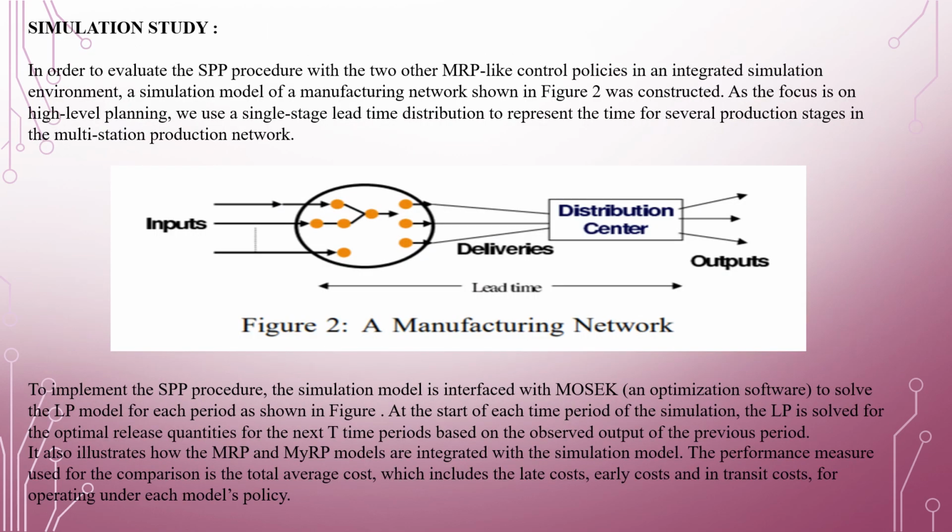Next is a simulation study. In order to evaluate the SPP procedure against the two other MRP-like control policies in an integrated simulation environment, a simulation model of a manufacturing network, shown in the figure, was constructed. As the focus is on high-level planning, we use a single-stage lead time distribution to represent the time for several production stages in the multi-station production network.